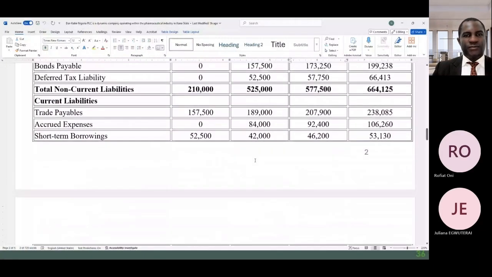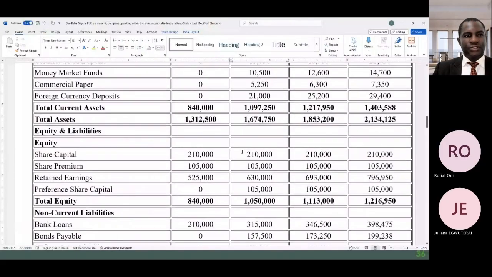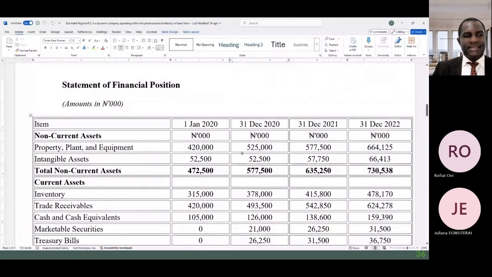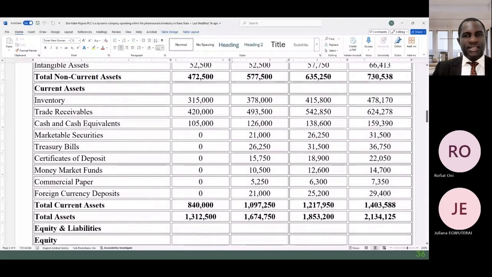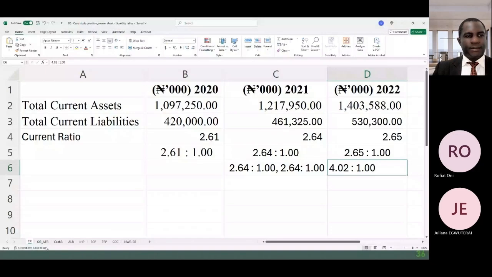Now let me remove inventory from 2020. So from the current assets, inventory is 378. So let me pull out 378 from the total current asset of 1,097,250. So simply I'll just pick this figure since I already have my current asset here.